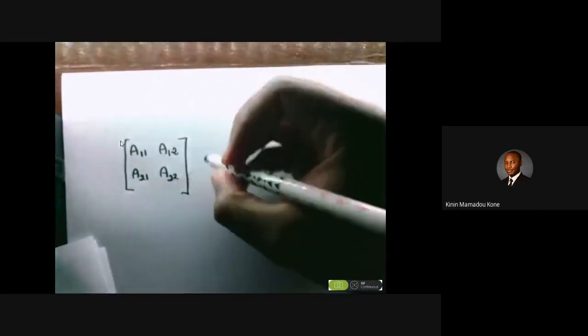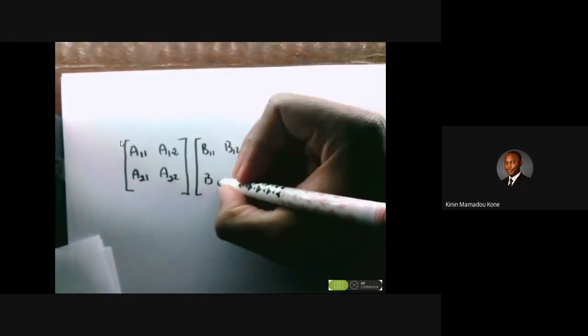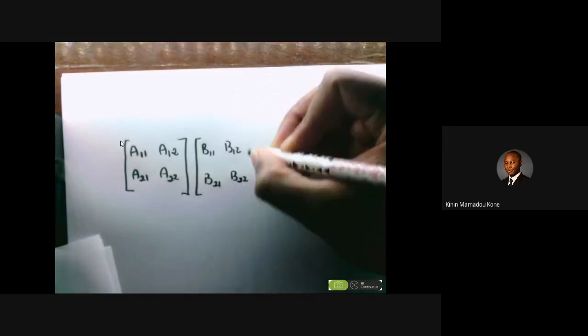You take it as if it was a regular matrix, a regular product of matrices. Again, this is like a block, this is like a block of a matrix.